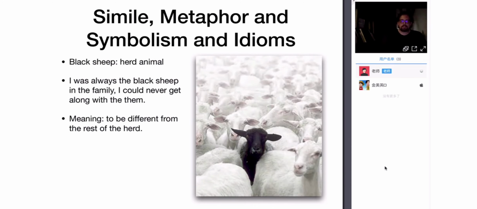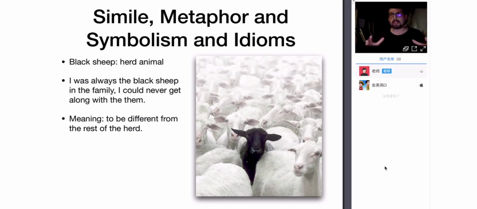The black sheep is a very cliche example. I was always the black sheep in the family. I could never get along with the rest of them. Meaning to be different from the rest of the herd. Sheep are herd animals. They like to gather together and move as one herd. And there's sort of an evolutionary purpose behind that.